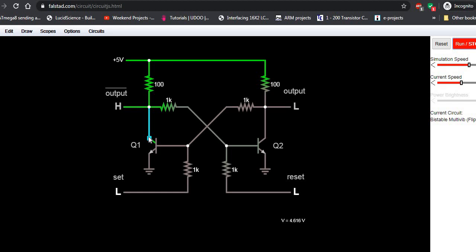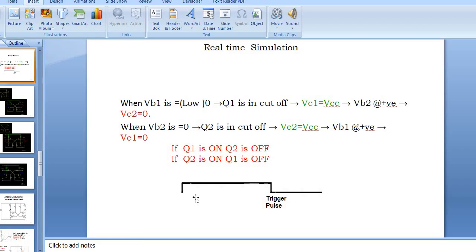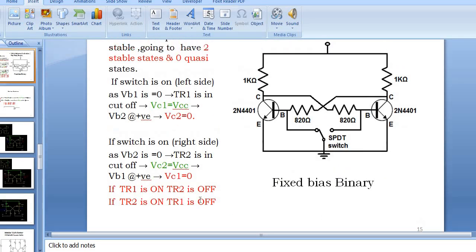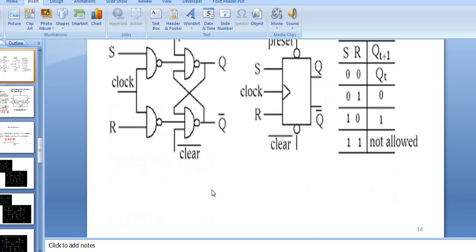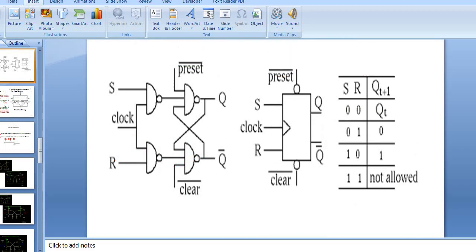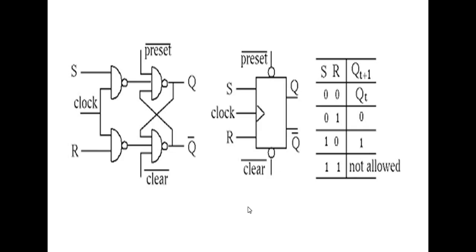Now let us assume the triggering pulse. Let us run it and give the triggering pulse. If I set this to 1, output is supposed to be high, right? So look at the resemblance between these two circuits. We have a similarity between the SR flip-flop and the bistable multivibrator.